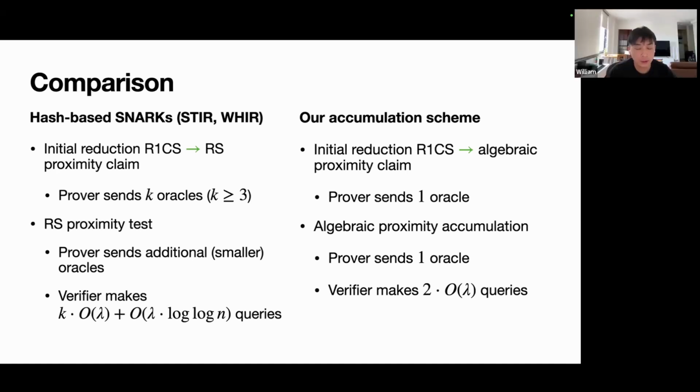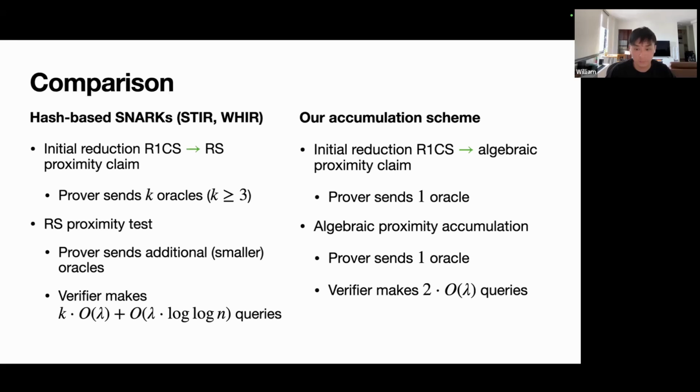Yeah, so this approach is also what is looked at in the concurrent works, like this many-to-one reduction for Reed-Solomon proximity claims. I guess the cost would look somewhat similar. First of all, the initial reduction would be the same as for the hash-based SNARK. So the prover sends K oracles. And then in the many-to-one reduction, the prover does not need to send any additional smaller oracles.